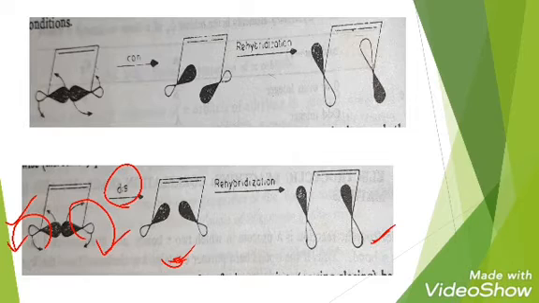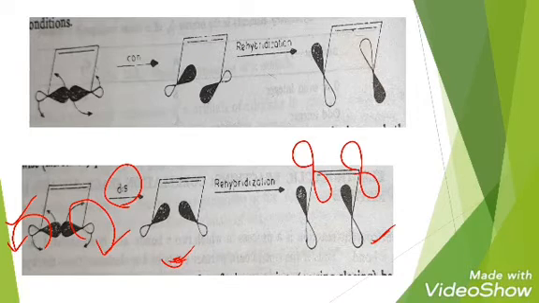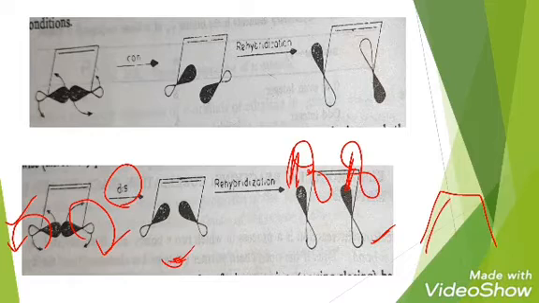The p orbitals of the same phase are in the same plane. Then these p orbitals are overlapped with the pure p orbital present on the adjacent carbon to form butadiene.